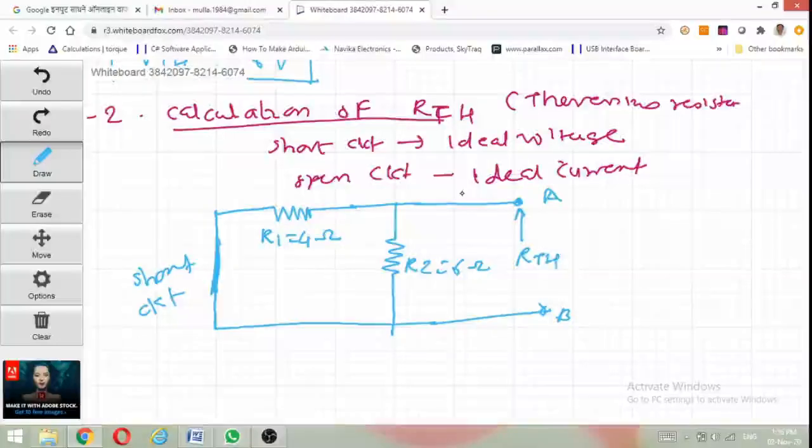What is RTH? RTH means Thevenin's resistance.